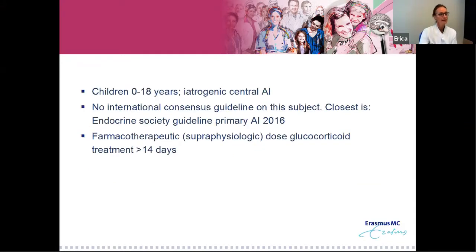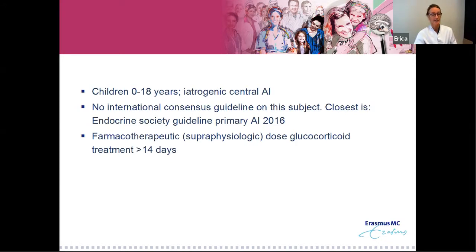Okay. So now I will discuss further how you do that in clinical practice. I first should specify that I'm talking about children from 0 to 18, not adults, with iatrogenic central adrenal insufficiency. There's no specific guideline on this.